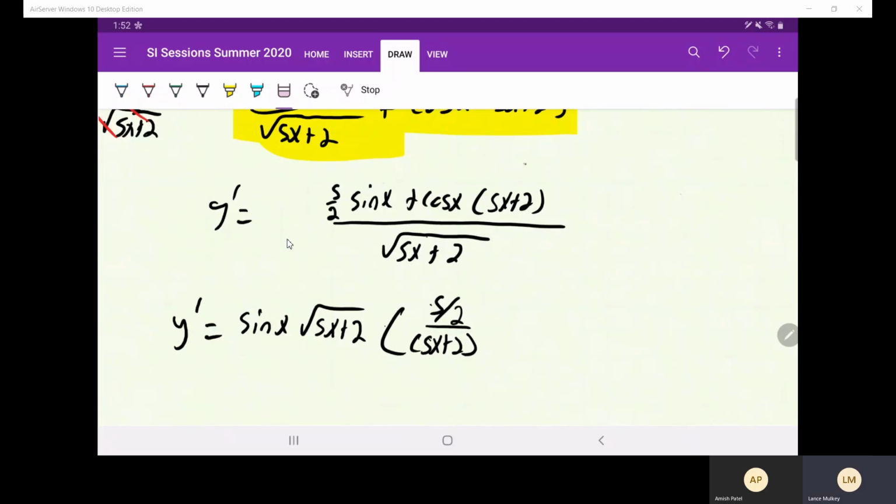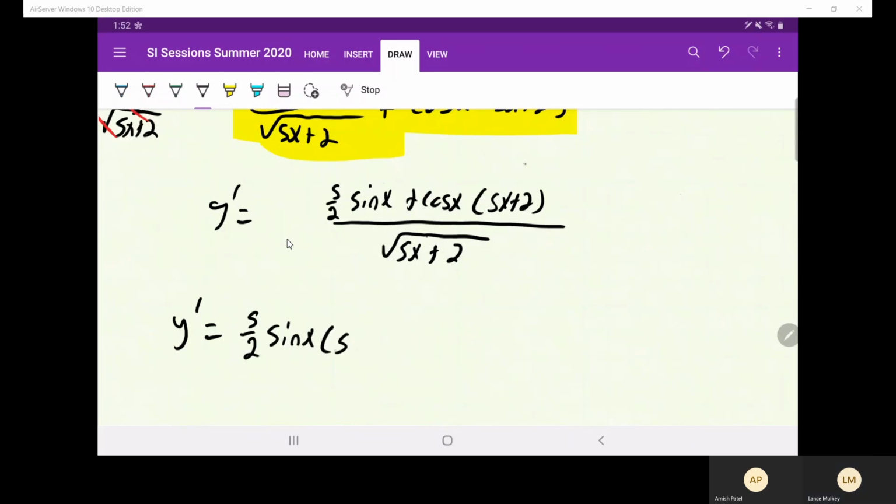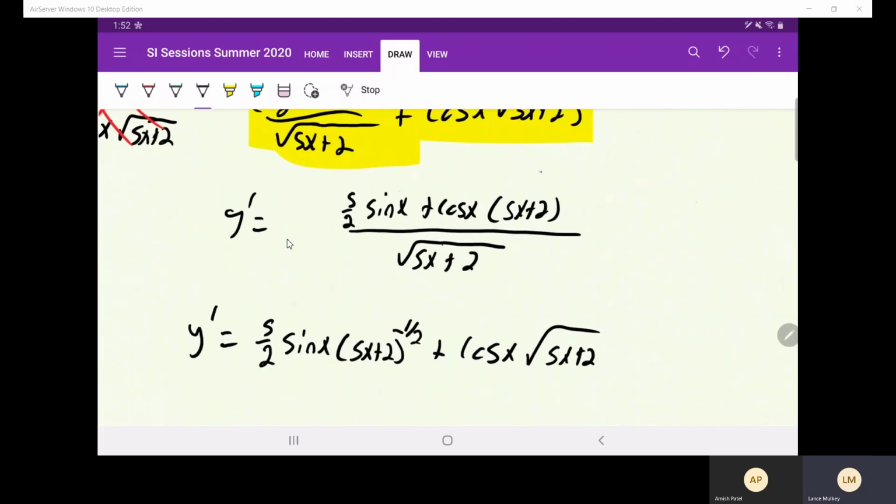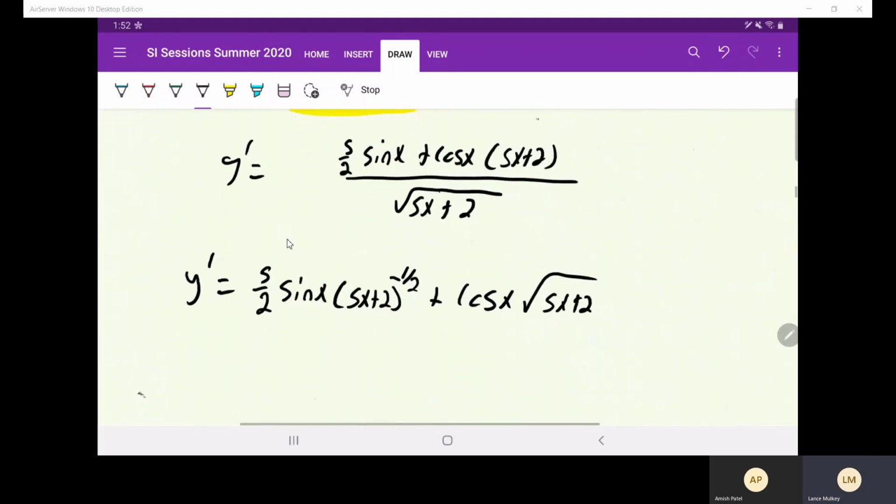That's probably confusing you. Okay. I'm going to rewrite this up here. All right. So these two are in the same form. All these are in the same form.